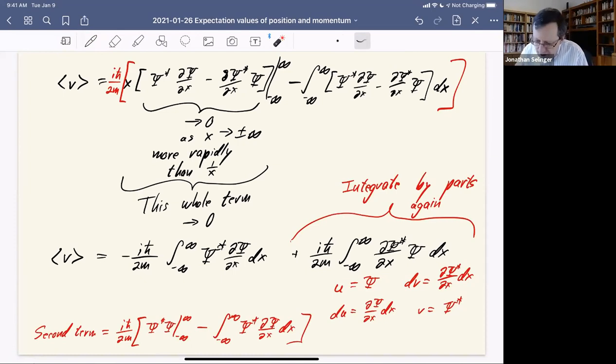This term has to be 0. And so what we are left with is just another copy of the first term. This second term with the i h bar over 2m looks exactly like the first term, so I just get an extra factor of 2, which cancels the factor of 2 in the denominator.